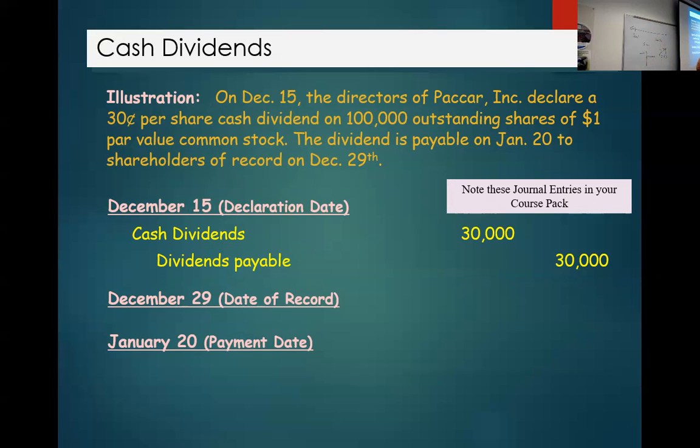Okay. Debit cash dividends, credit dividends payable. In the past, we've said the company pays dividends, we've debited dividends and credited cash. But in fact, there's a timing issue here. There are 3 dates. At this point, the company recognizes the liability.